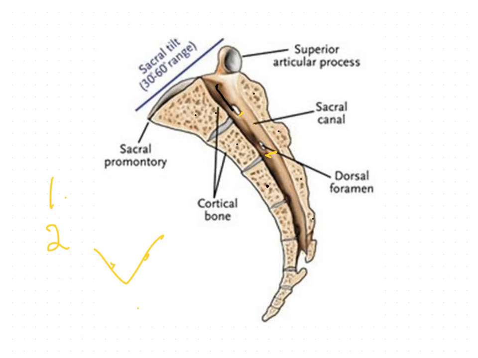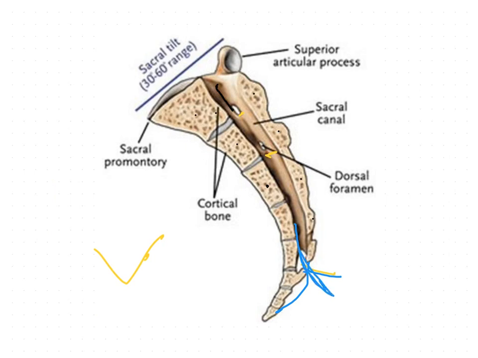Now, what does this hiatus transmit? The sacral hiatus transmits some structures out of the sacral canal. Those are the fifth pair of sacral nerves, and also the coccygeal nerves and the filum terminale.